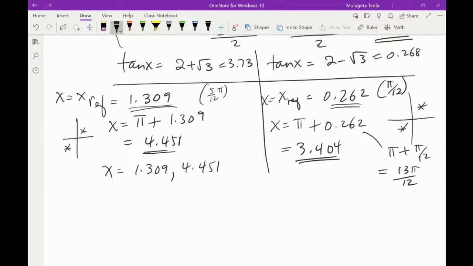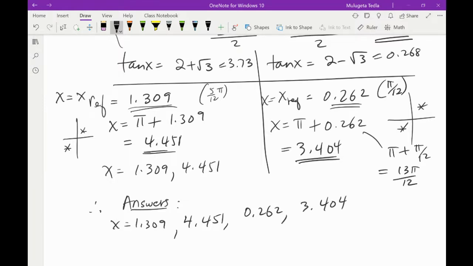So the answers would be in decimals. I got x is 1.309, 4.451, 0.262 and 3.404.